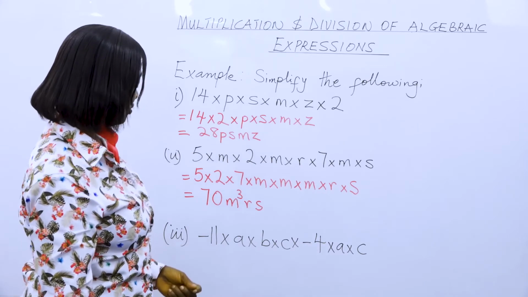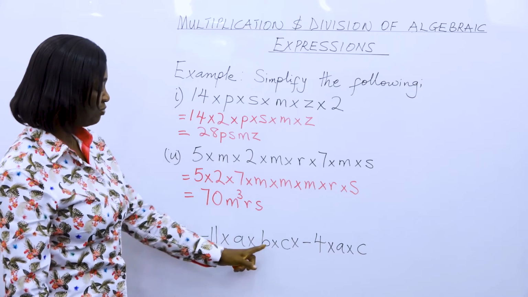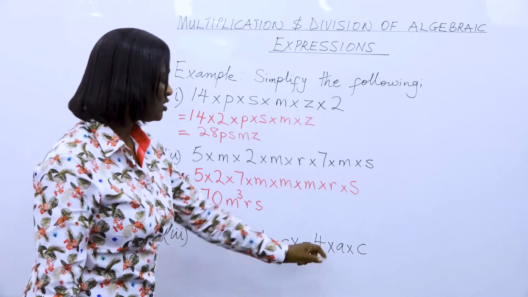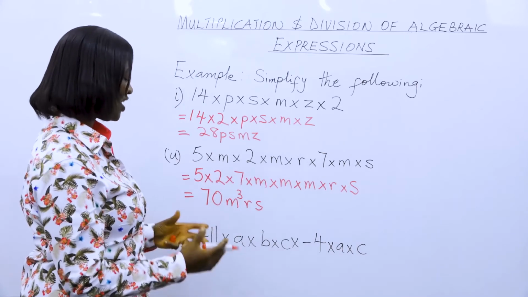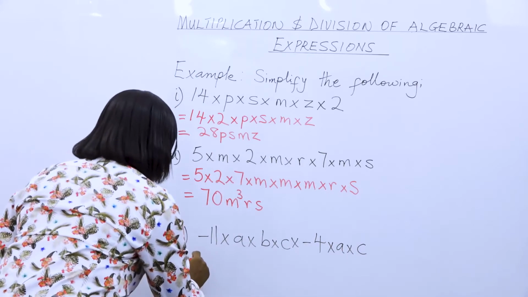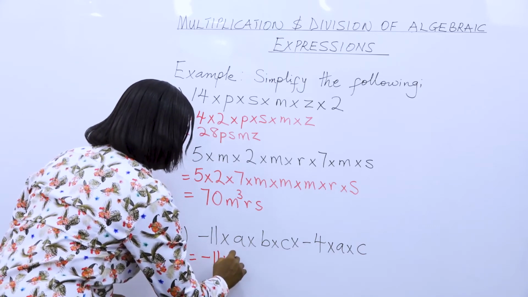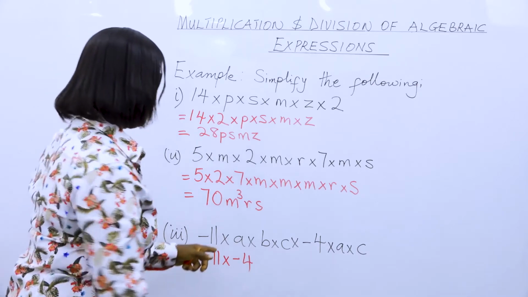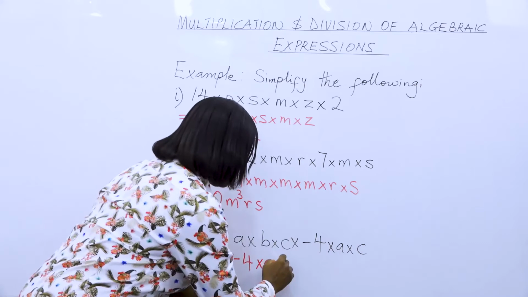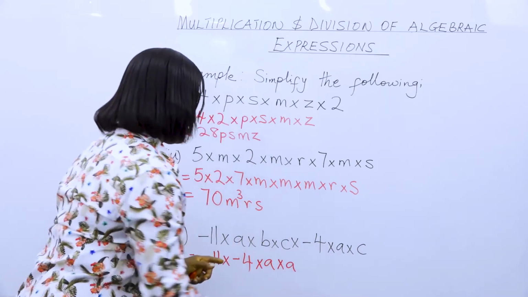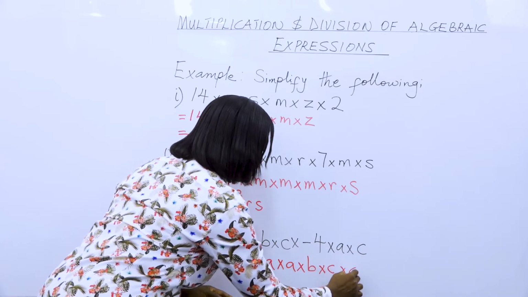For the third example, we have minus 11 times a times b times c times minus 4 times a times c. So again, let's write the like terms side by side. So that's equal to minus 11 times minus 4 times a times another a times b times c times c.